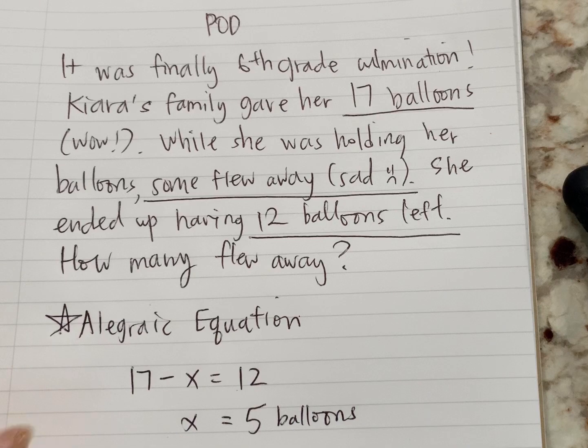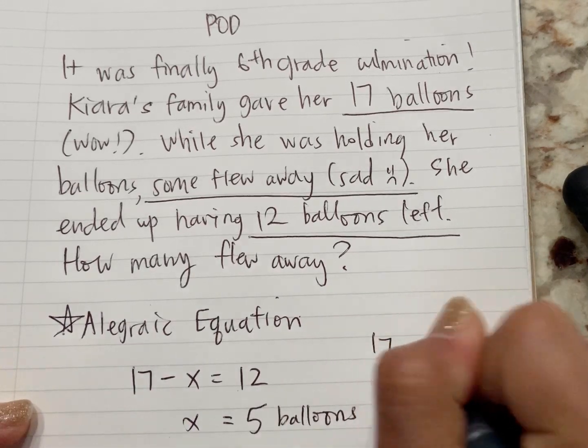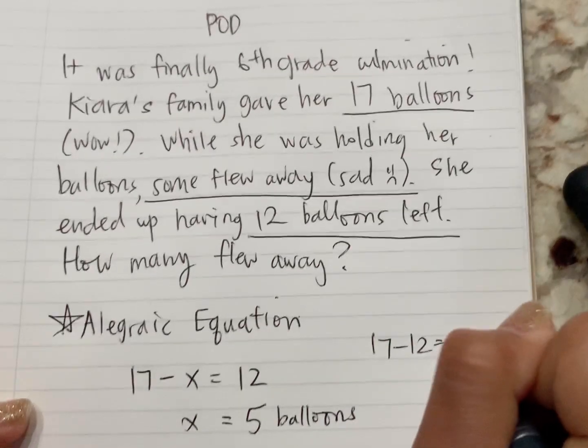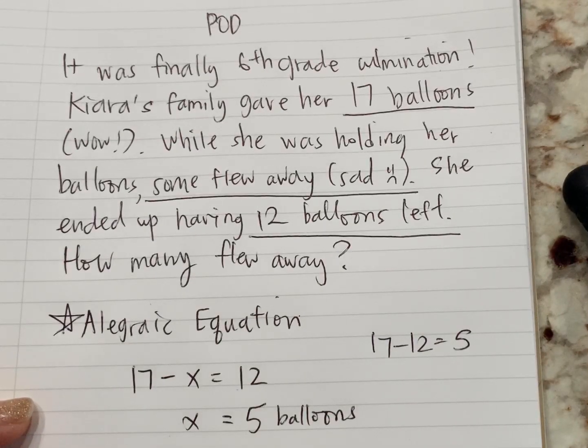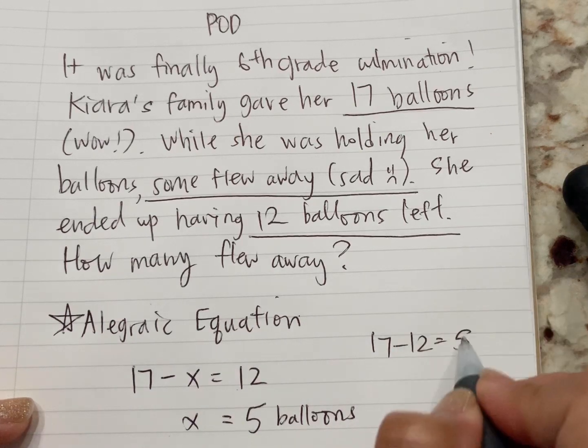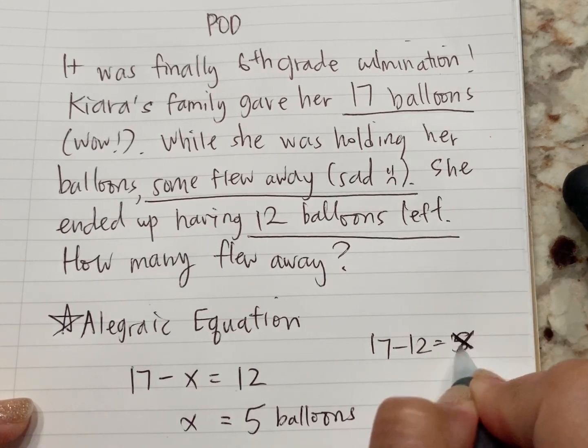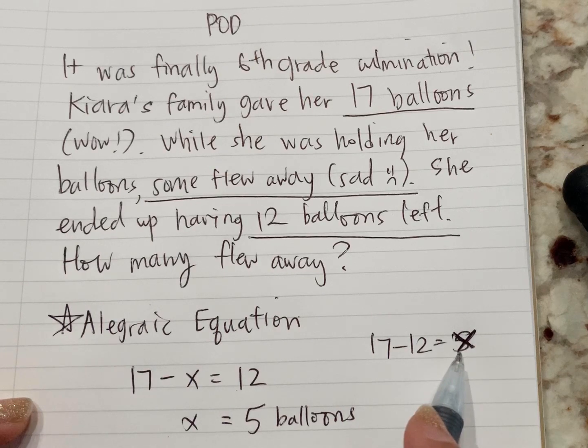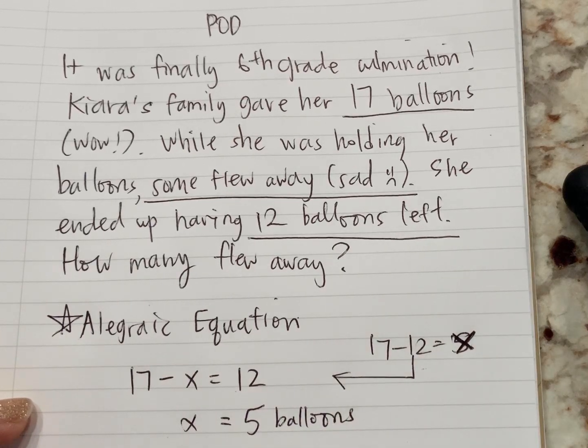right? Some of you might have been thinking, well, I know how to do this. This is going to be 17 minus 12, and that's going to be 5. Did some of you guys think that? This is not what you call the algebraic equation. Or some of you might have said 17 minus 12 is equal to x, because x is what I need to find out. This is a strategy for that algebraic equation.